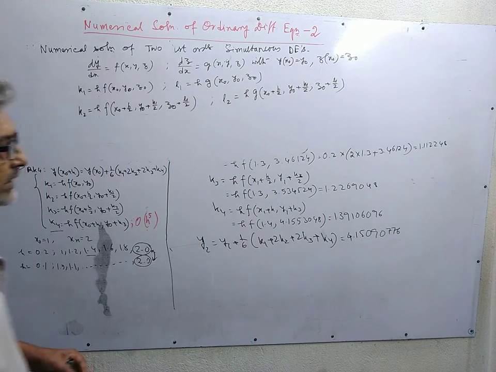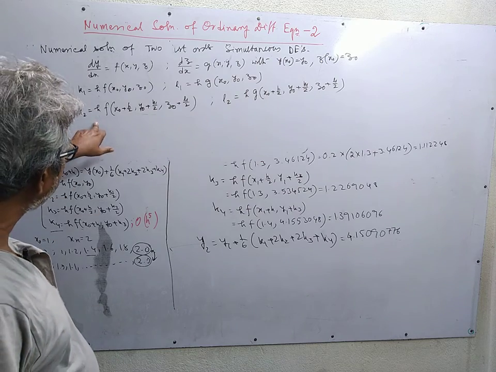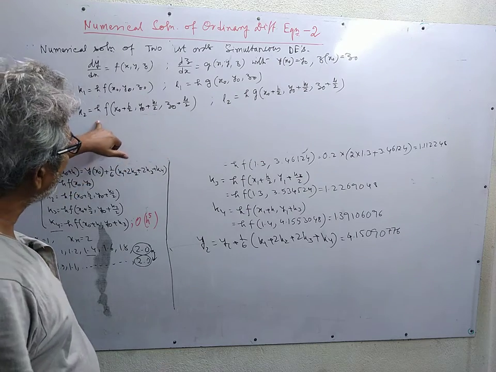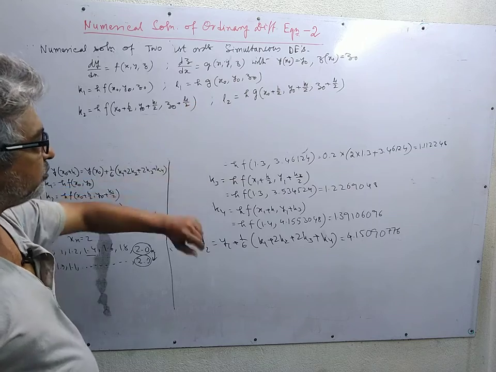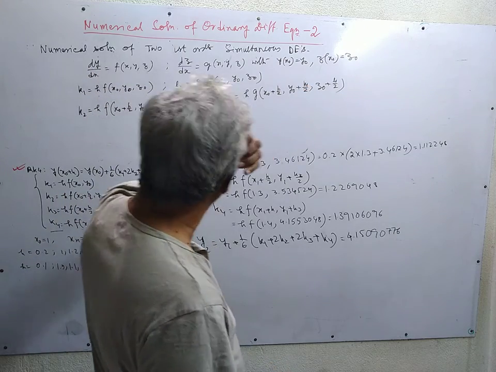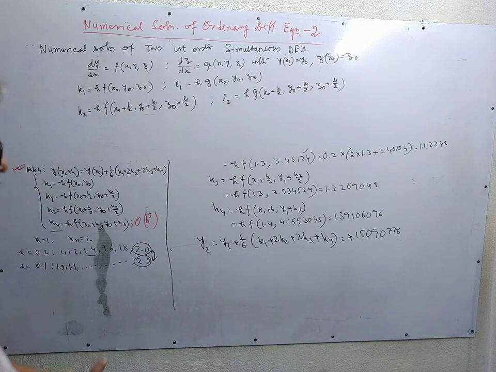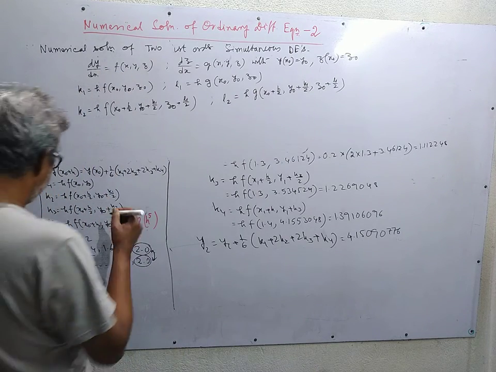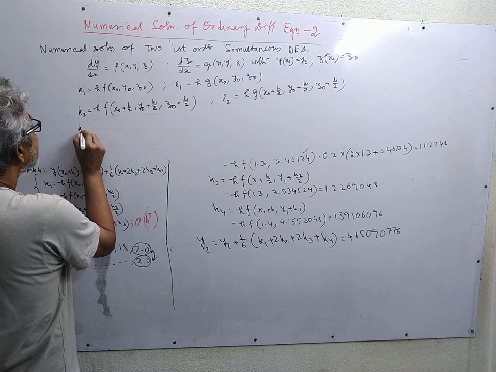You see, since the equations are simultaneous, the evaluation of K2 also requires the knowledge of L1. Similarly, evaluation of L2 requires the knowledge of K1 because they are not disjoint equations. They are coupled equations.